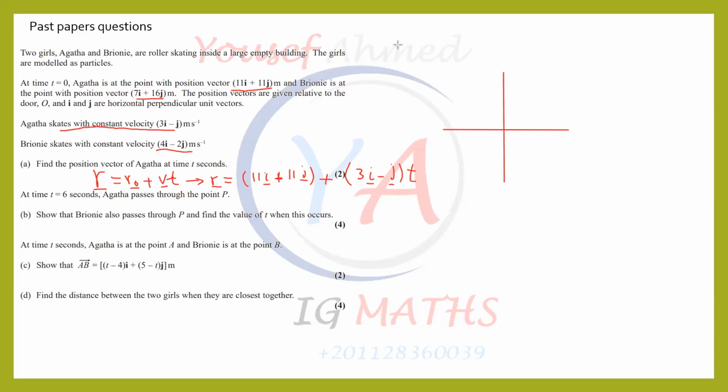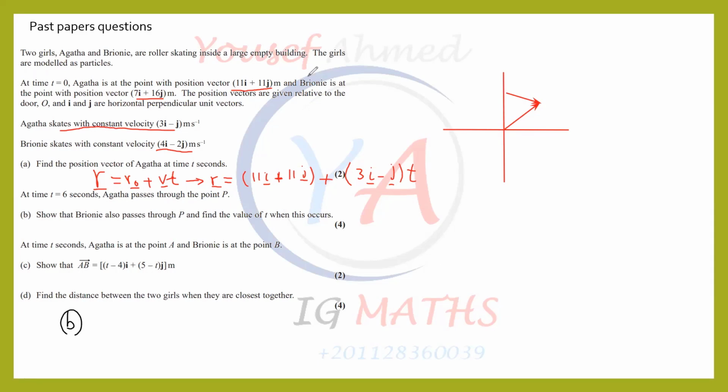Agatha is moving to point P here, and Biruni is moving to the same point. So both of them will meet at the same point. But let's see, after 6 seconds, where exactly will Agatha be? At point P, after 6 seconds.